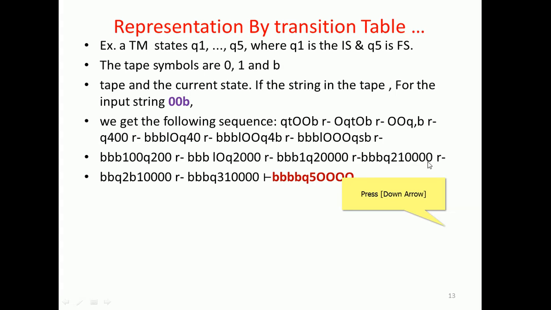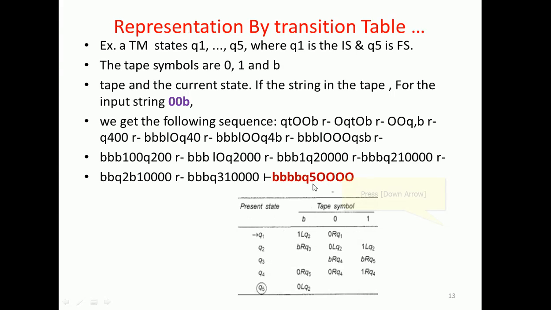So finally it reaches Q5, that is the final state. So BB and Q5 000. So that is 00B, started with that input string, and this string is going to be recognized.